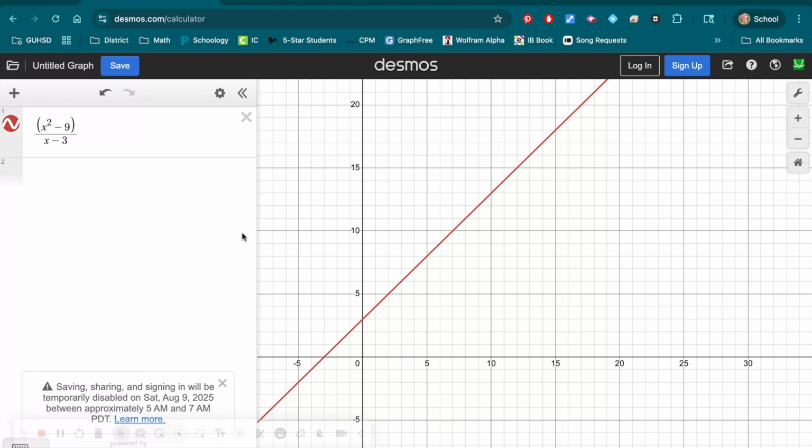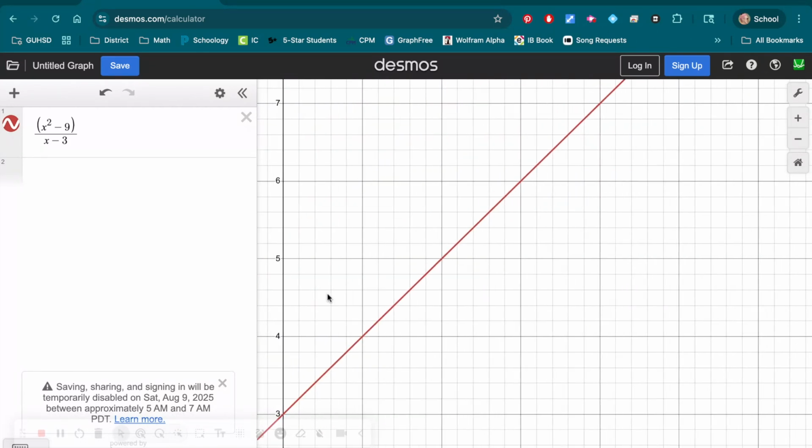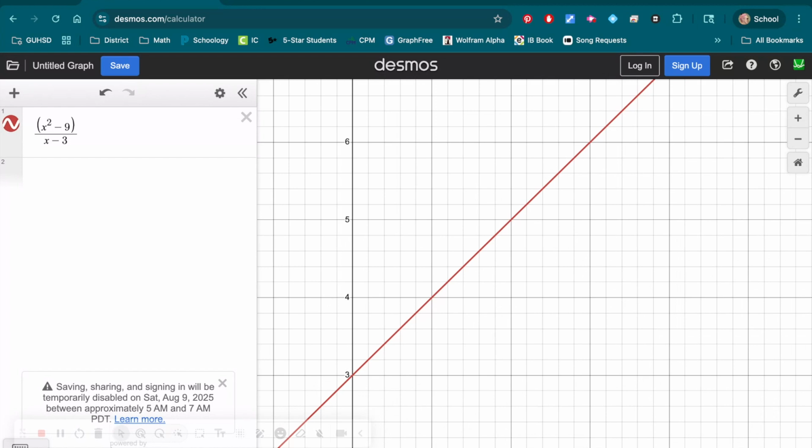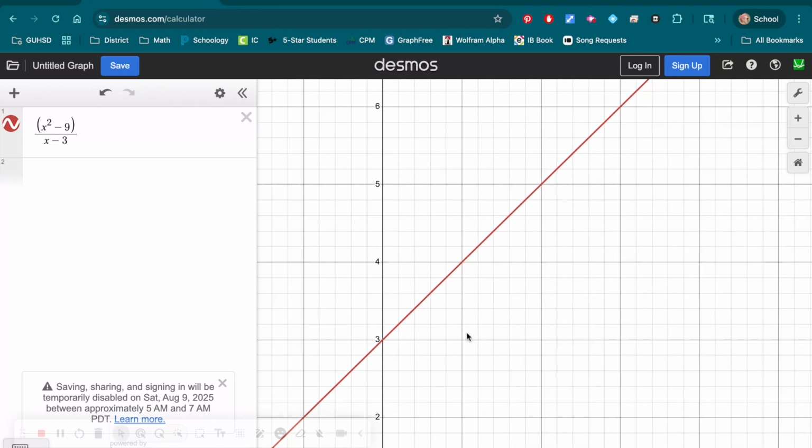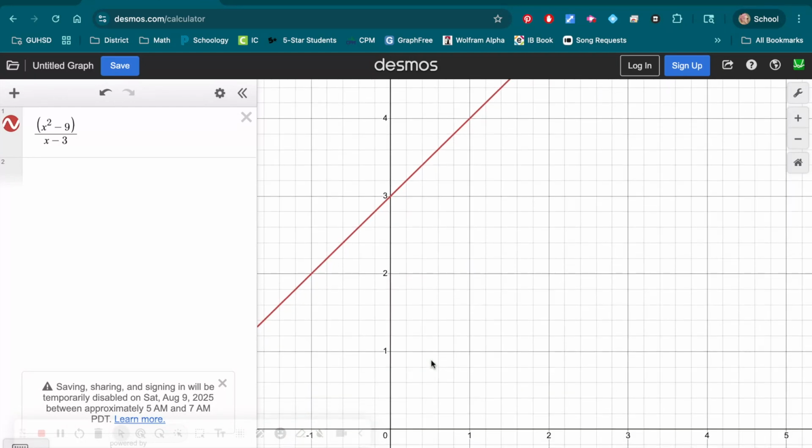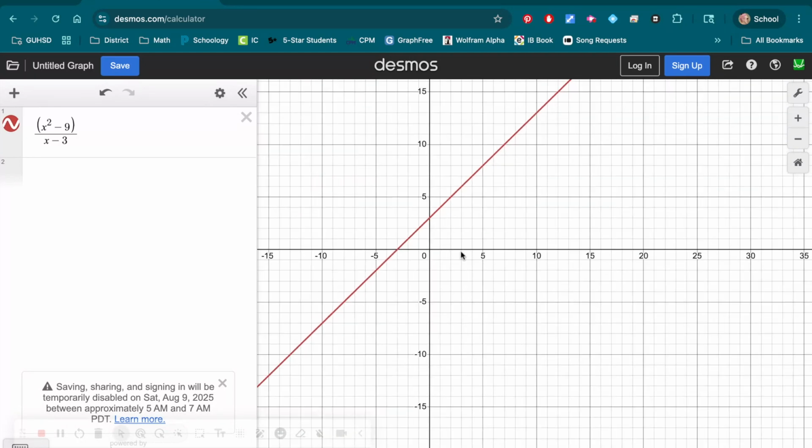But if you think about it, when I plug 3 in, the top and the bottom, it equals 0 over 0. This function doesn't actually exist at 3. Hopefully you also learned that in pre-cal last year. There is a hole in this line. There is a point discontinuity at 3. Desmos doesn't show it, but you can definitely see that the limit, as we are approaching 3, is 6.